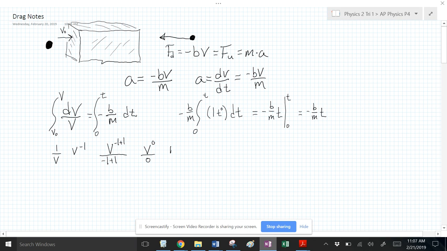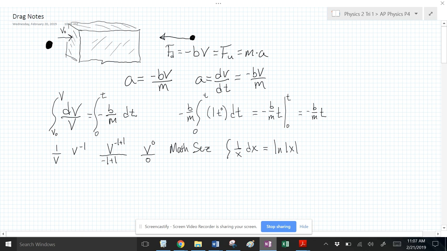So math says that when you have something to the negative first power, the antiderivative is going to be the natural log of that thing. So 1 over x dx becomes the natural log of x.